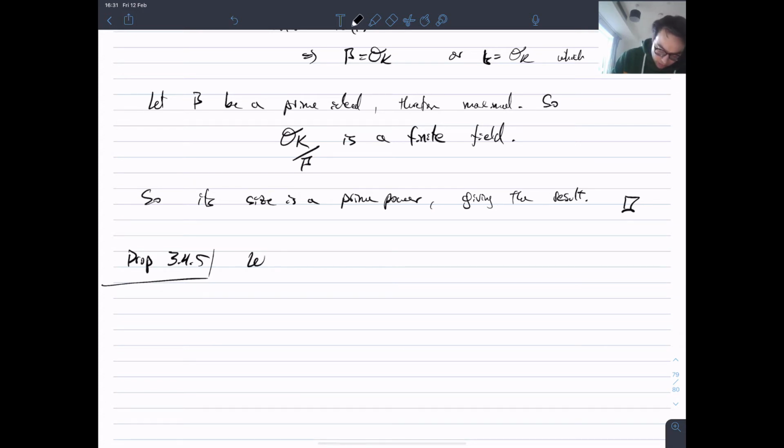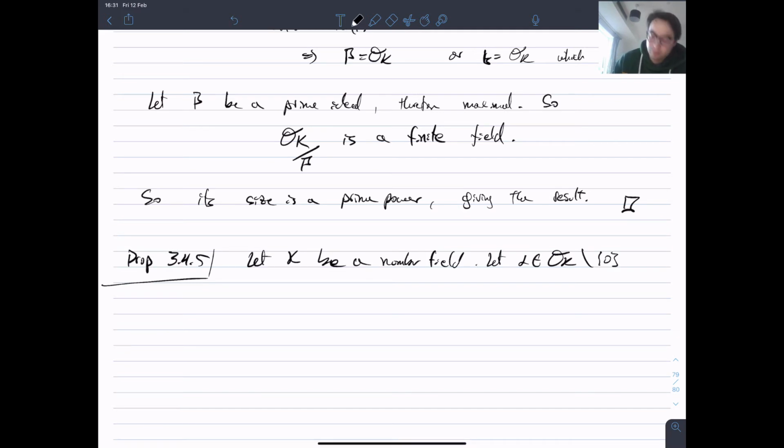If I have a number field K, and I let alpha be some non-zero element in the ring of integers, and I let (alpha) denote the ideal it generates, then what do we have?